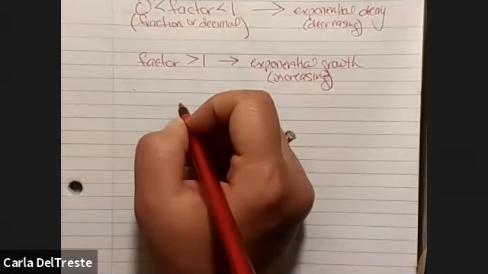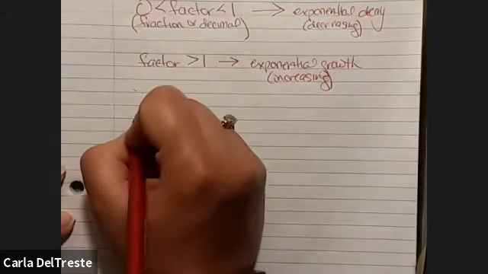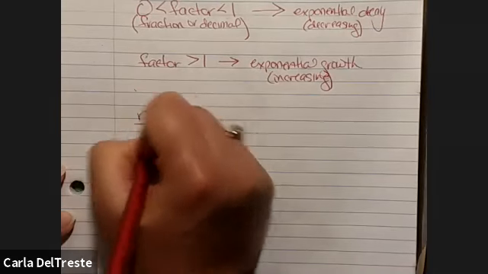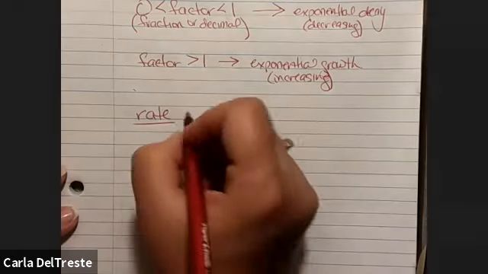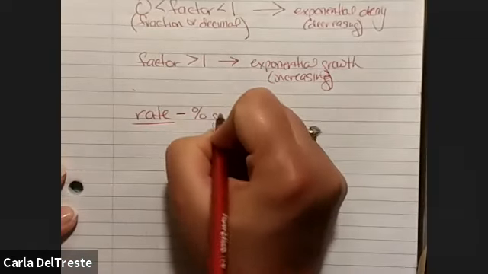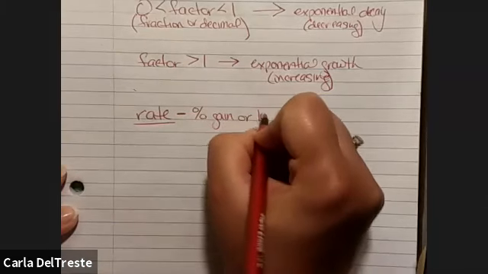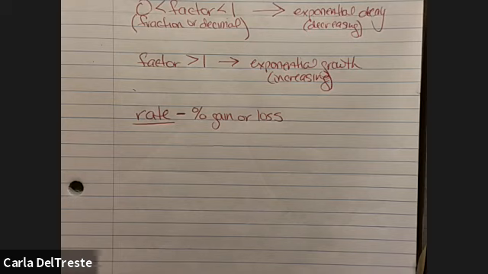Last but not least, when it comes to the graphs of exponential functions, or just the properties of exponential functions, there's something called a rate. The rate is the percent gain or loss. Now, we talked about factor as a multiplier, but you could also convert factor to a percentage if you wanted to speak about it in those terms.